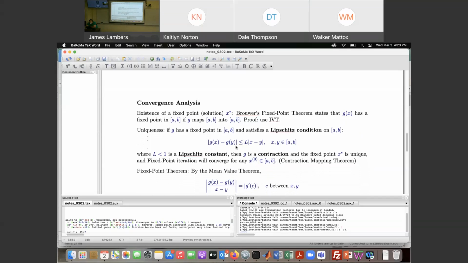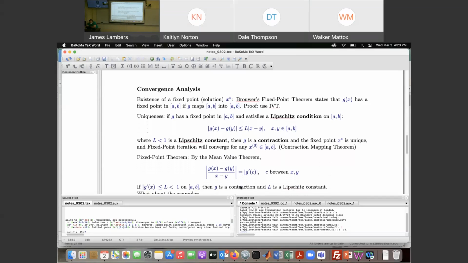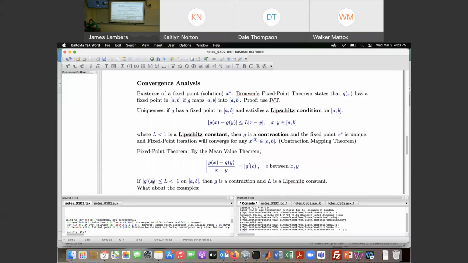Now, if g is also differentiable, then if we were to divide both sides by x minus y and let x approach y, then we'd have the derivative. We also use the mean value theorem here. So if the absolute value of g prime is bounded above by some Lipschitz constant L, and L is less than 1, in other words, the absolute value of g prime is bounded away from 1.